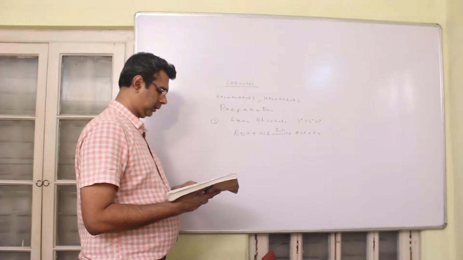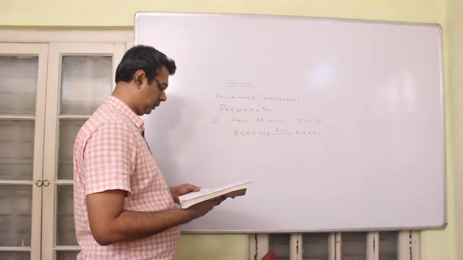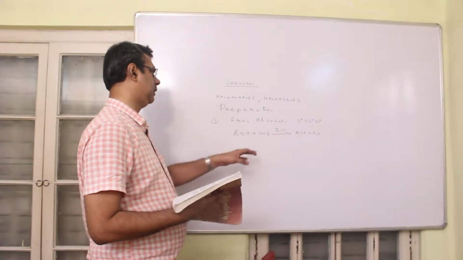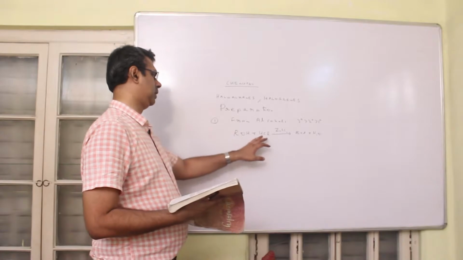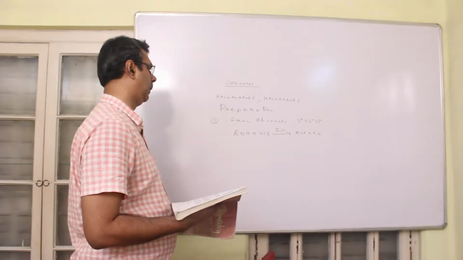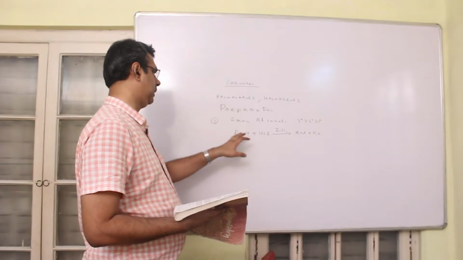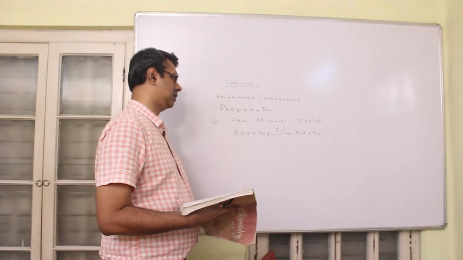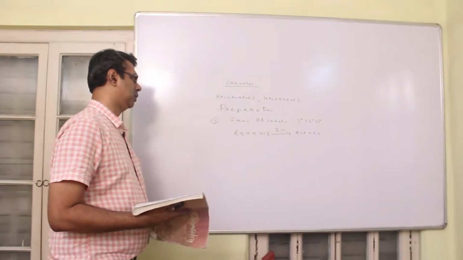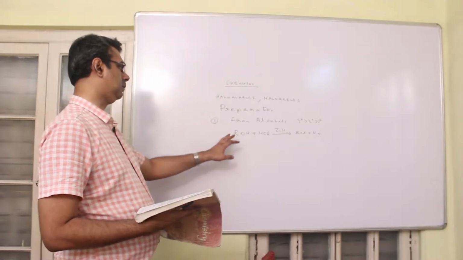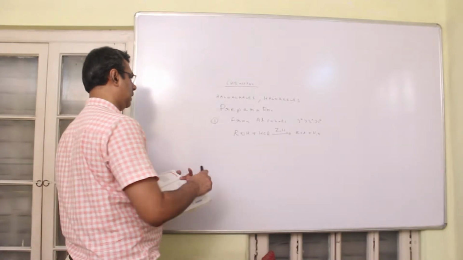In fact, if you take 1 degree or 2 degree alcohol, then you need to take concentrated HCl and ZnCl2. But if you take 3 degree alcohol, then simply concentrated HCl is enough. ZnCl2 is not required. So this is the first method of preparation from alcohols.